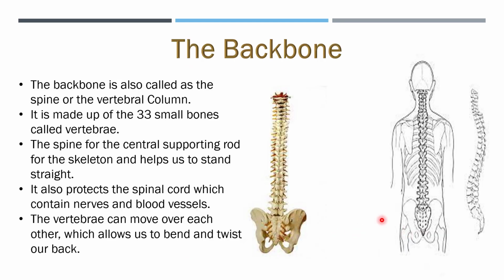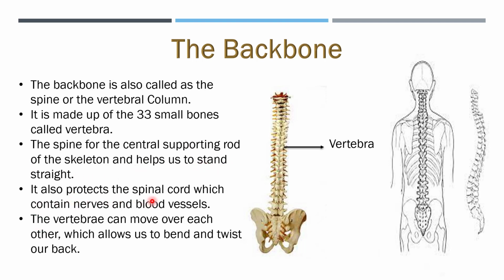Now let's have a look at the backbone. The backbone is also called the spine or the vertebral column. This is the image of a backbone, which is made up of 33 small bones, and each bone is called a vertebra. The spine forms the central supporting rod of the skeleton and helps us to stand straight.